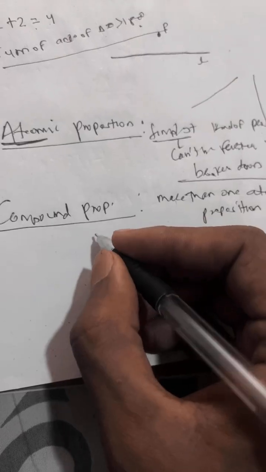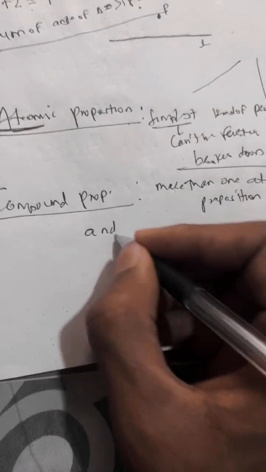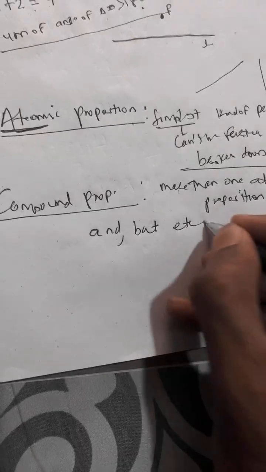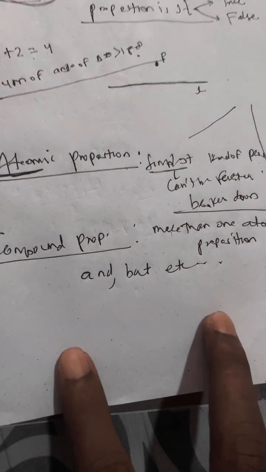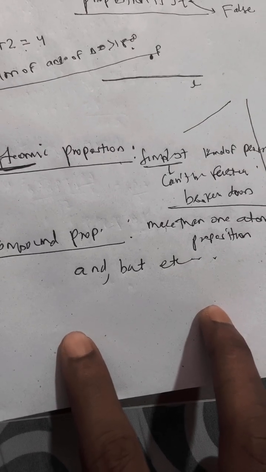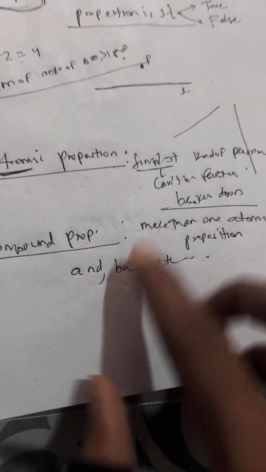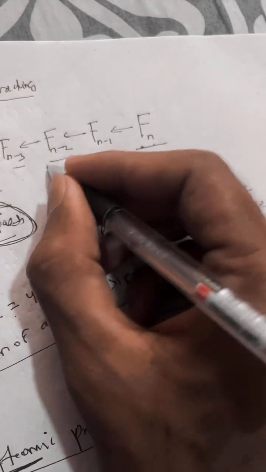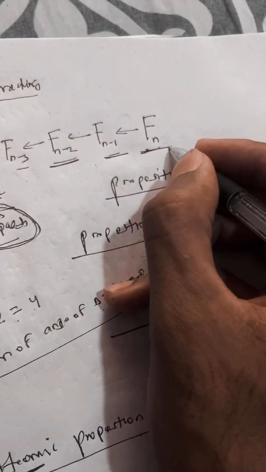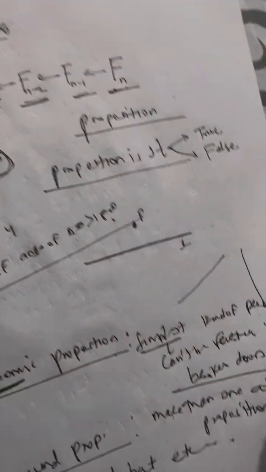Compound propositions are made using words like and, but, etc. You take two atomic propositions and connect them using these words. That becomes a compound proposition. Now, some statements can be compound propositions, some facts can be atomic propositions. Now consider this. Now take a compound proposition.